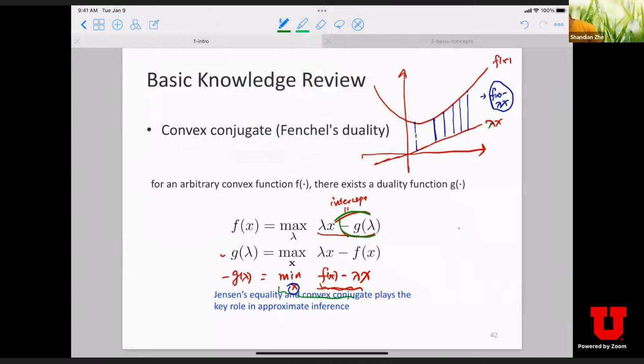So just move this lambda x upward until you, for the first time, touch the function body. At this place, this essentially corresponds to a tangent line of f of x.